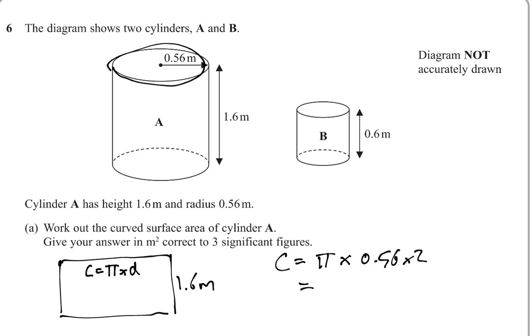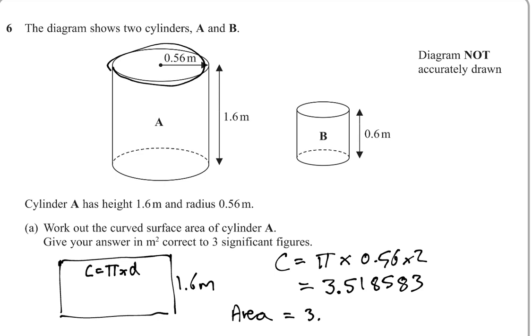So if we work that out, times 0.56, and it says to three significant figures, so I'm just going to write lots here, 3.518,583 for now. So the area, well, is actually just a rectangle.